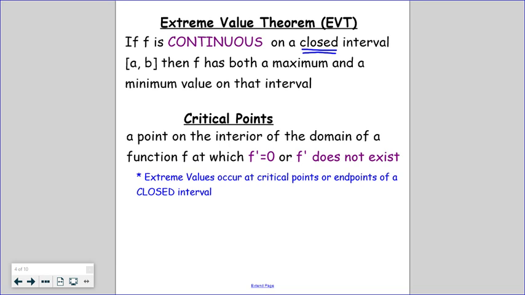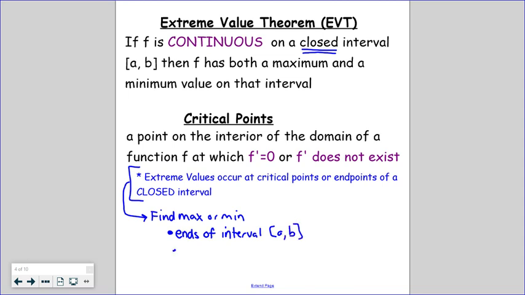To say something less mathy: when the question is to find maxes or mins of our function, they will be located at one of these places, either at the ends of the interval, like a and b. They will happen when I take my derivative and set it equal to 0. They will happen when my derivative is undefined.